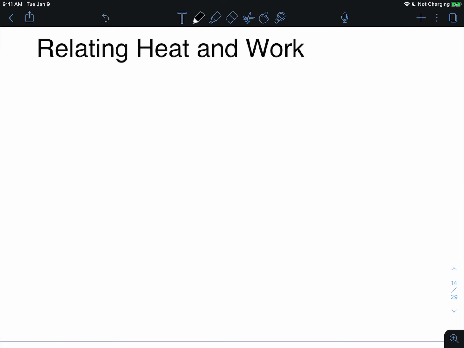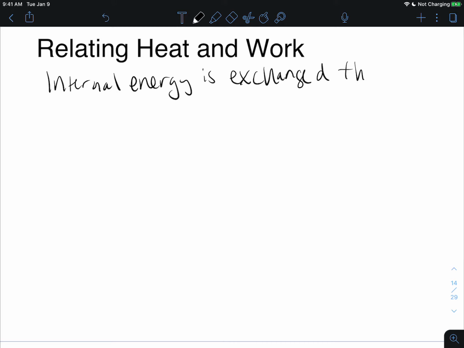Okay, let's real quick look at our internal energy in terms of heat and work. So when we have energy, energy can only be exchanged through heat or work. So internal energy is exchanged through heat and work.